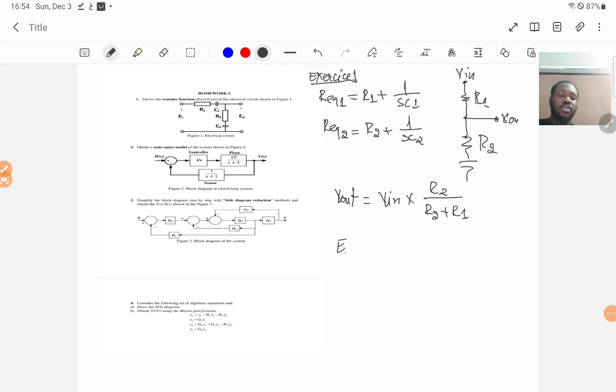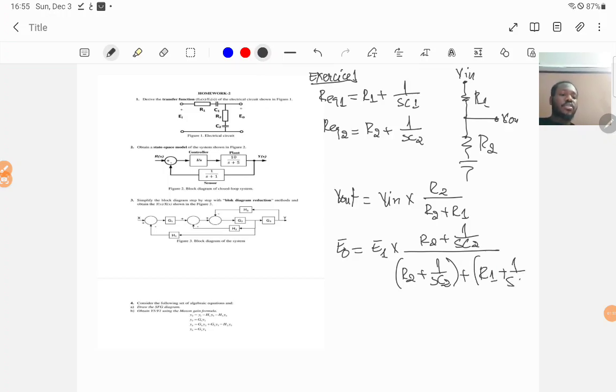We have here E2 that represents our Vout E0, and E1 or Ein that represents our Vin. We will multiply by R equivalent 2. We have R2 plus 1 over SC2, and in the denominator we have R2 plus 1 over SC2 plus R1 plus 1 over SC1.